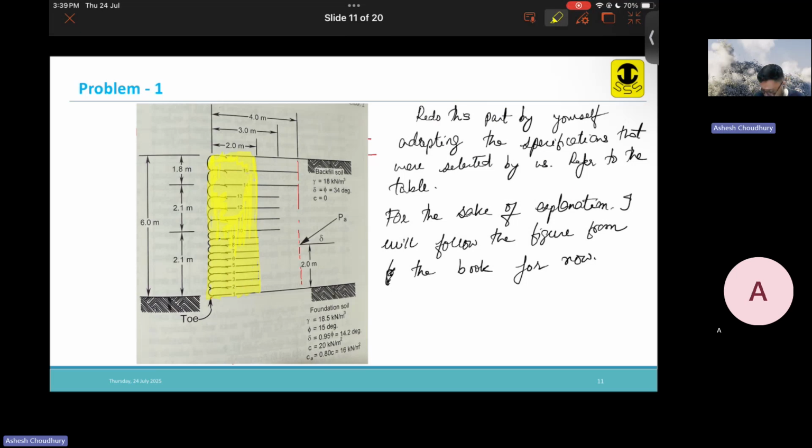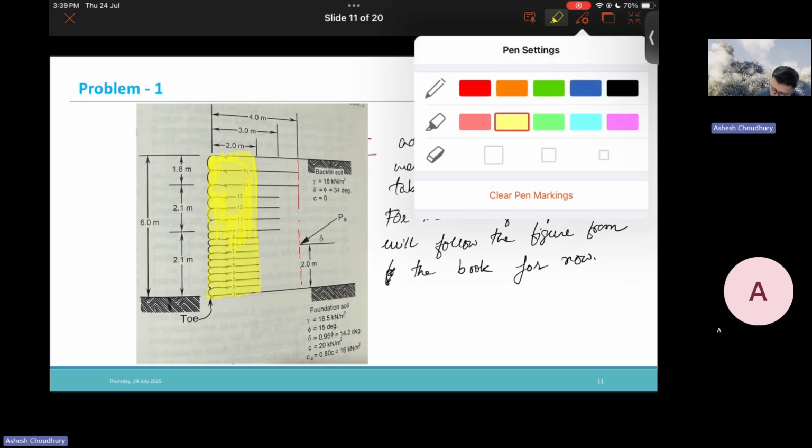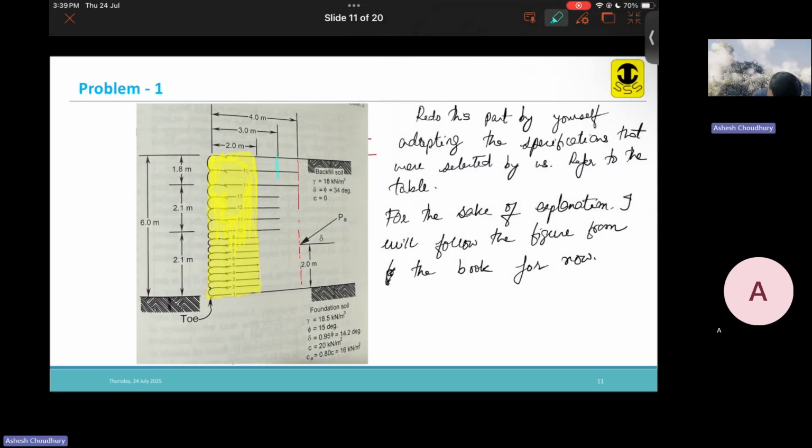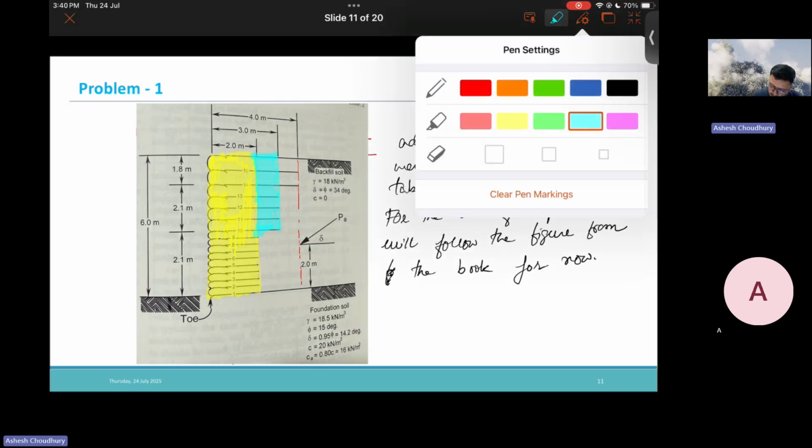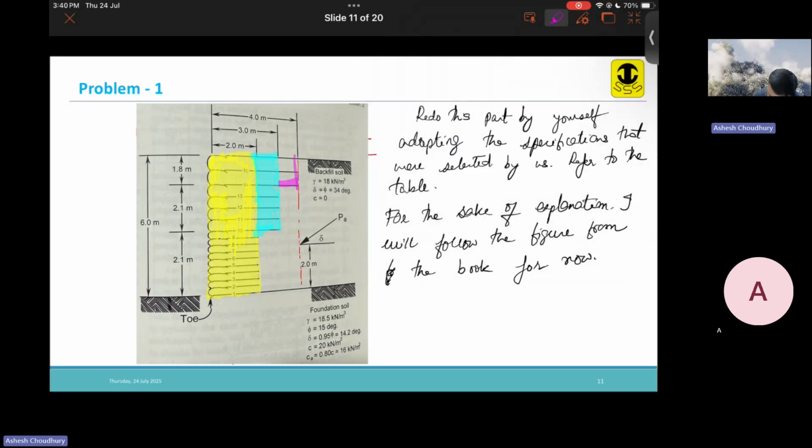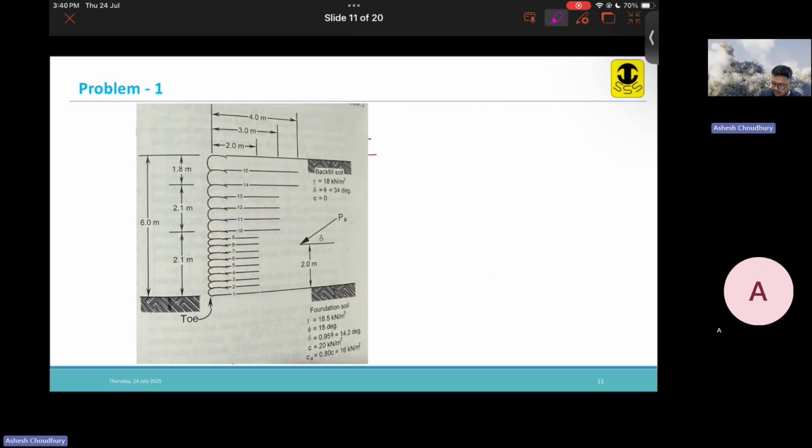W2 is the mass of this block. And W3 is the mass of this block. So this is W1, this is W2, this is W3. Okay, understood? I will erase this, but let me just do it first.